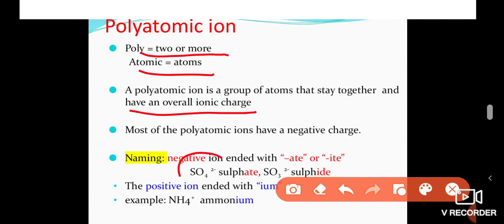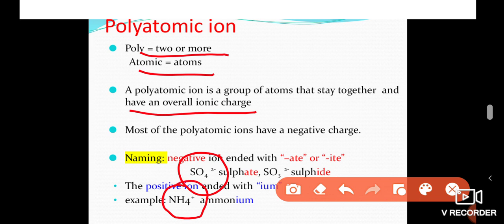For example, SO4 2-. Here it contains one sulfur and 4 oxygen atoms, so totally 5 atoms are there, and it creates a charge of 2-. So it is an example of a polyatomic ion. And another one, NH4+.